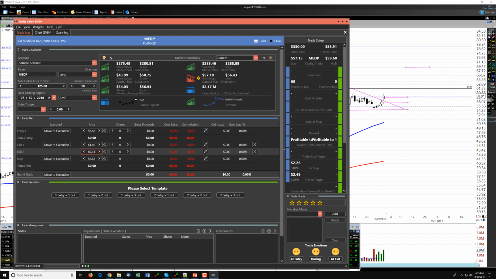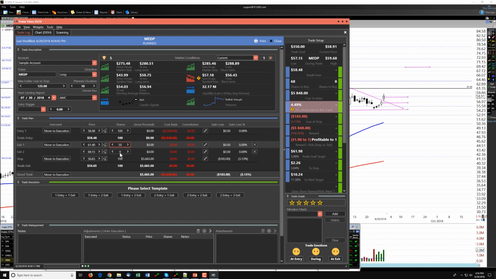You notice it was easy to add that extra exit. It says we can do 68 shares. Well, I don't know what size account you're trading, but just for argument's sake, let's do 100 shares because I like to do round lots. It's too big for this account, but let's just say that it works.